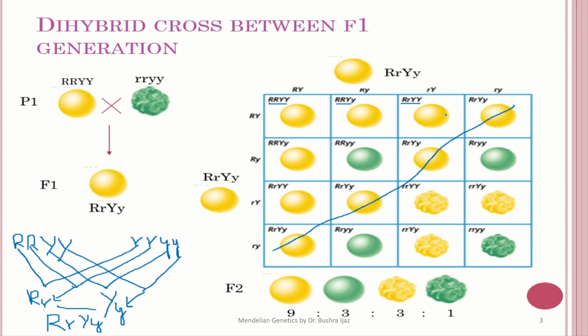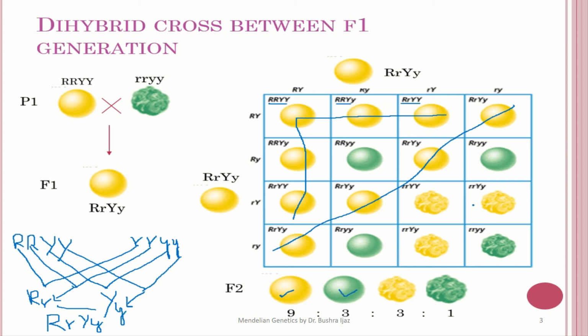These were again yellow and round, yellow round, yellow round. So all these yellow round are 1, 2, 3, 4, 5, 6, 7, 8, 9. So just see here. This is homozygous round but green. Homozygous round but green. Homozygous round but green.